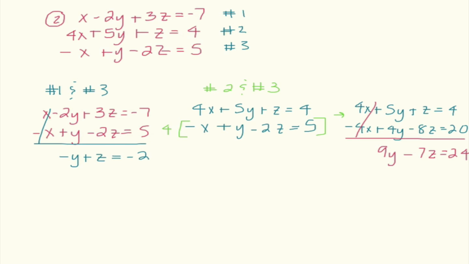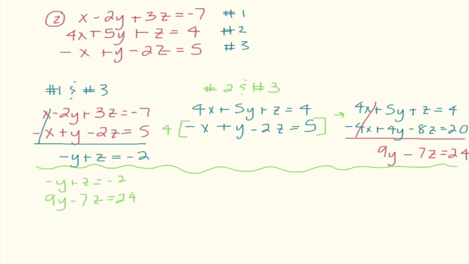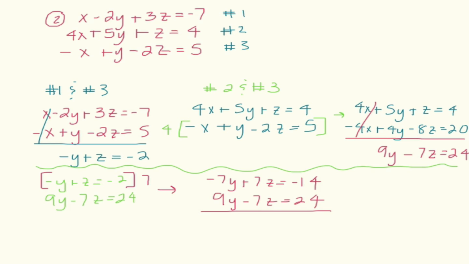So now I have 2 equations that have the same 2 variables. Let me go ahead and rewrite them. I'm going to multiply this top equation by 7 to cancel out the z's, so I get negative 7y plus 7z equals negative 14.